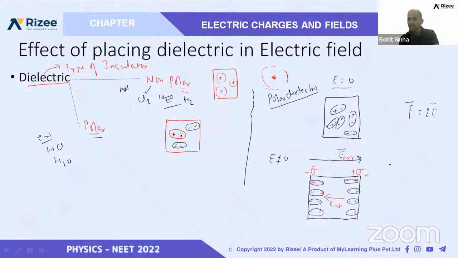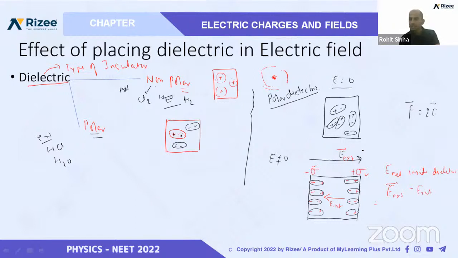What will be the net electric field inside the dielectric? It will be E external minus E internal.